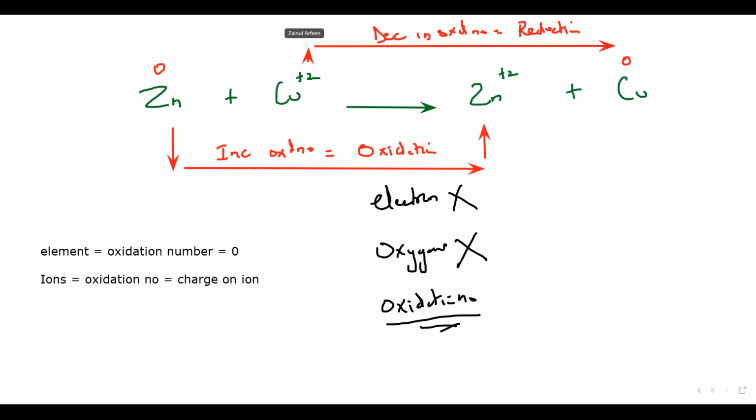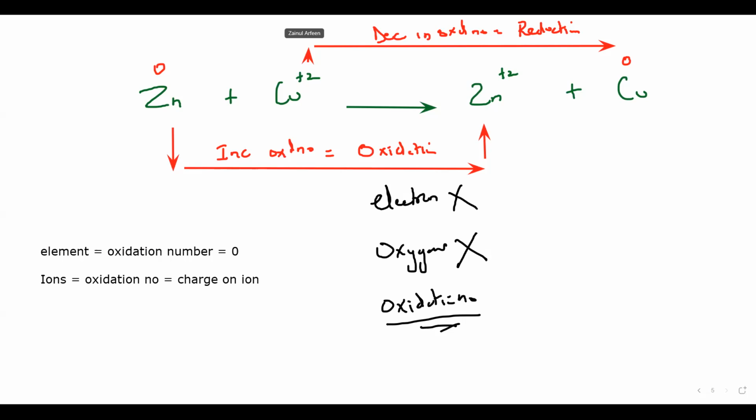So a chemical change can be oxidation or reduction. The zinc atom changes to zinc ion, so the oxidation number increases, and we call it oxidation. For copper, the copper ion changes to copper atom, and the oxidation number on the copper decreases. That's why we call this change reduction.